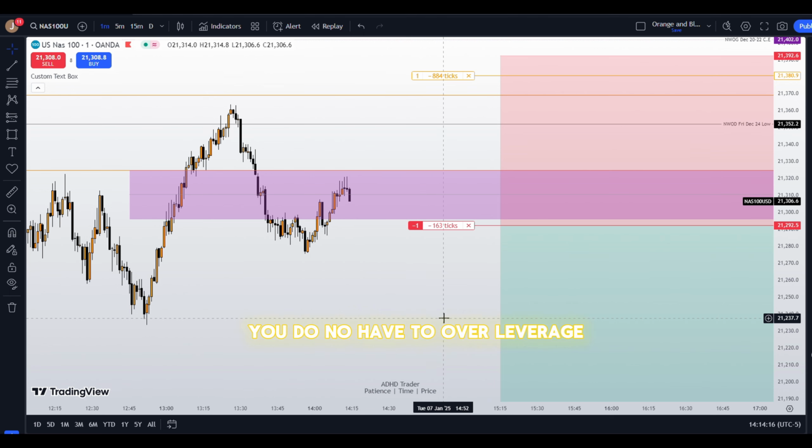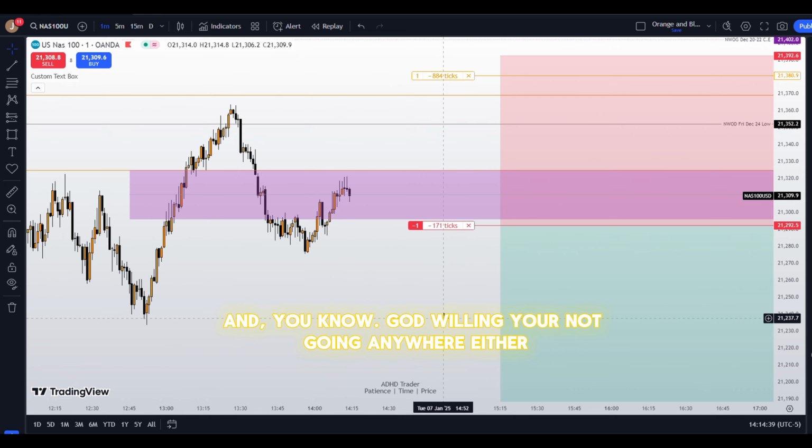You do not have to over leverage, especially when you're trying to pass those funded accounts. Take it easy, trade one day at a time. Take two maximum trades a day, maybe even three if you feel that confident. And a loss is a loss. Take your losses, go home and try again tomorrow. The market's not going anywhere, and God willing, you're not going anywhere.